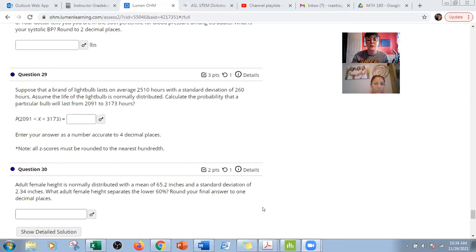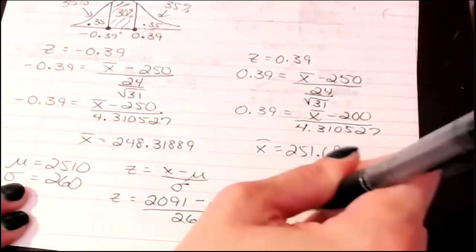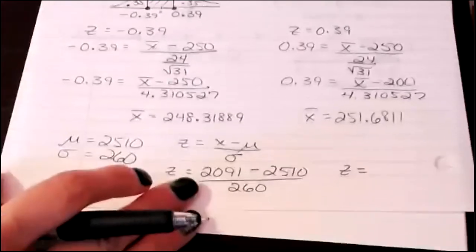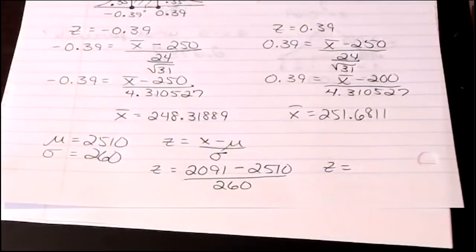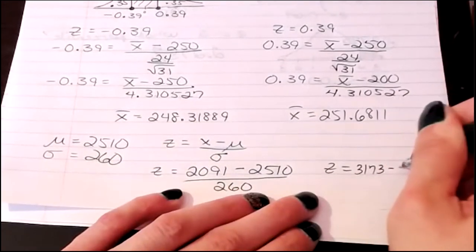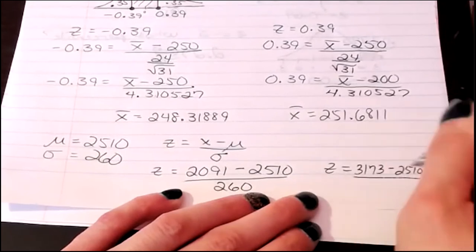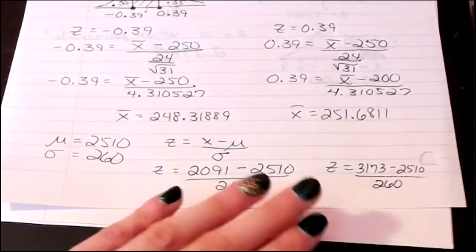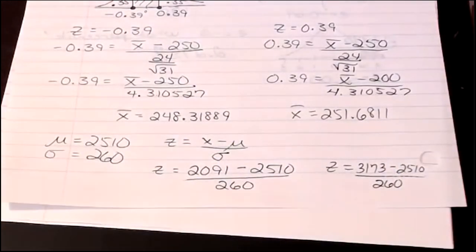I'm going to share my screen with you just so you can see. And we also know that z is equal to our x value, this second raw data value that we were given, which is 3173. So 3173 minus the mean divided by the standard deviation. So we're going to find both of these z-scores.